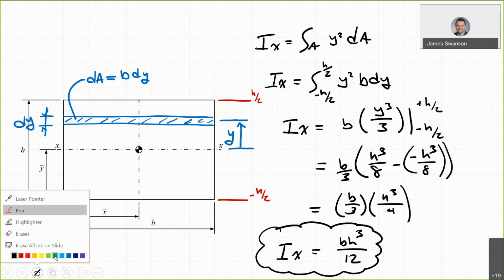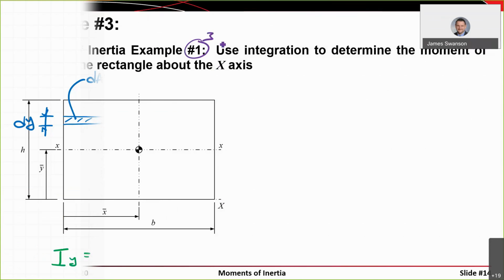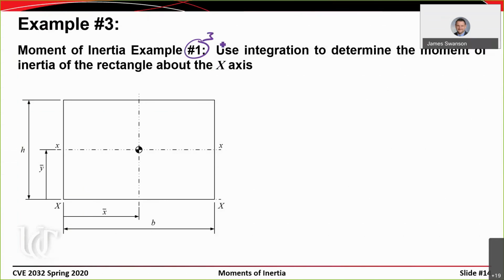If this was the y-axis going through the centroid, then we could write that I sub y, instead of being equal to b times h cubed over 12, is going to be b cubed times h divided by 12. We basically just spin that block around, look at it from the other direction, and you get a similar result. Use integration to determine the moment of inertia of the rectangle about its base, about the big x-axis.